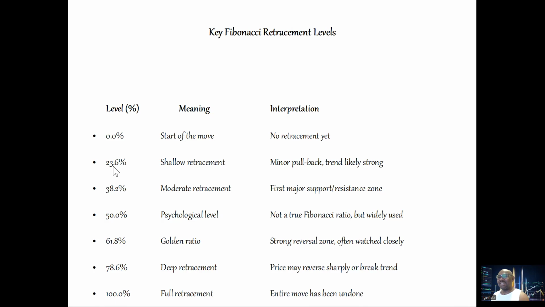We have 23.6%, 38.2%, 50%, 61.8%, 78.6%, and 100%. So automatically, like I said, it is between 100 to 0 or 0 to 100. So that is how it is.